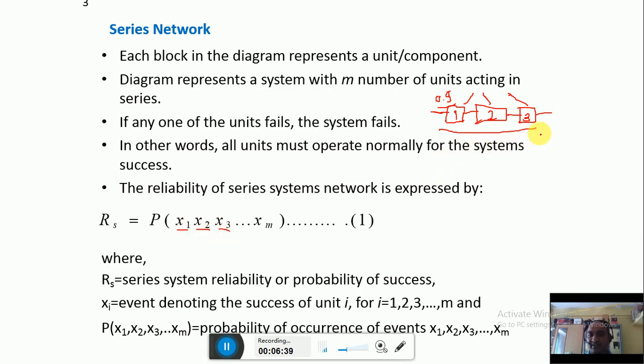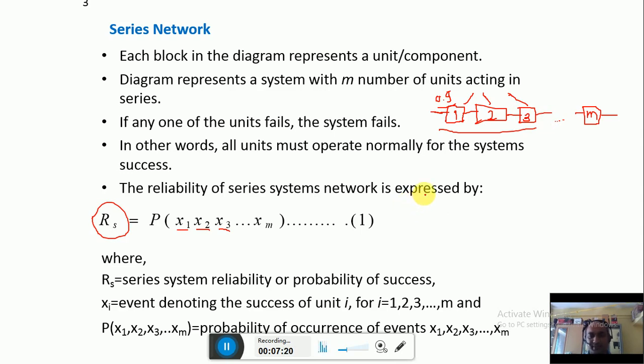If there are m number of components, up to the mth component, then the system reliability Rs is equal to the probability that the first will work, second will work, third will work, up to the mth will work. So Rs is equal to P of x1 into P of x2 into P of x3. This way we can calculate the system reliability when the components are connected in series.